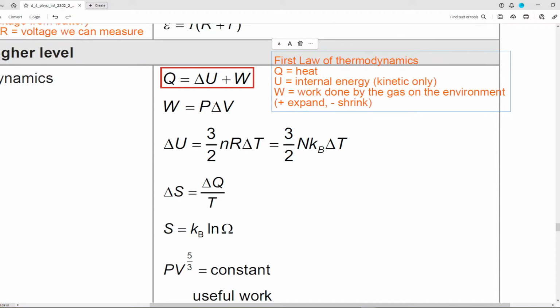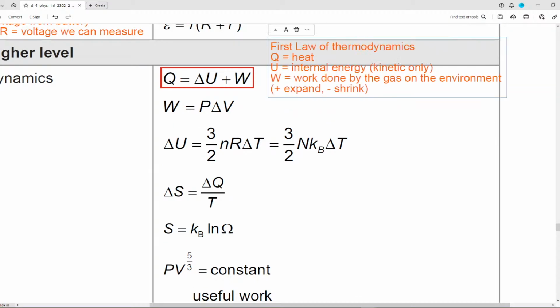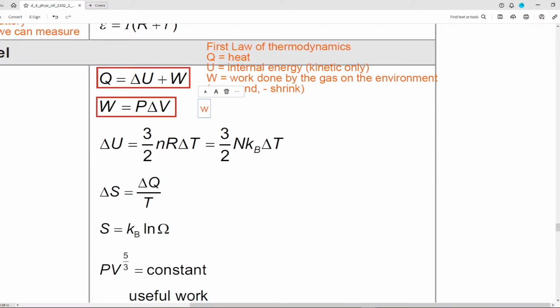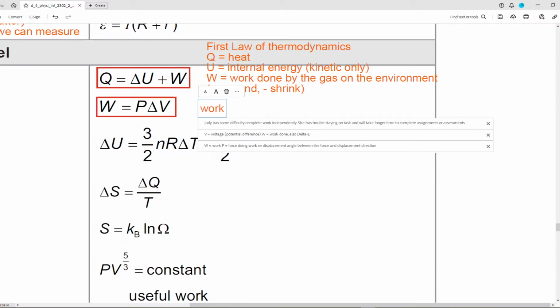Now, to calculate how much work it's done, we can use this idea of P delta V. Just be careful, this assumes pressure is constant.